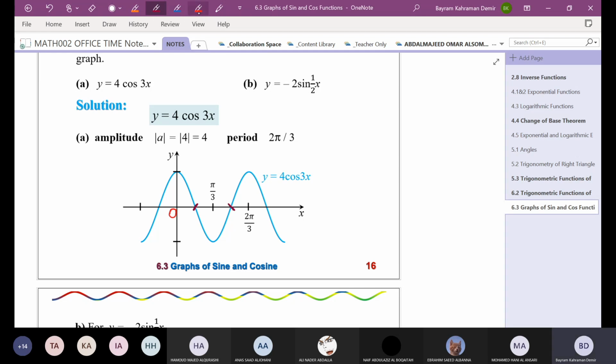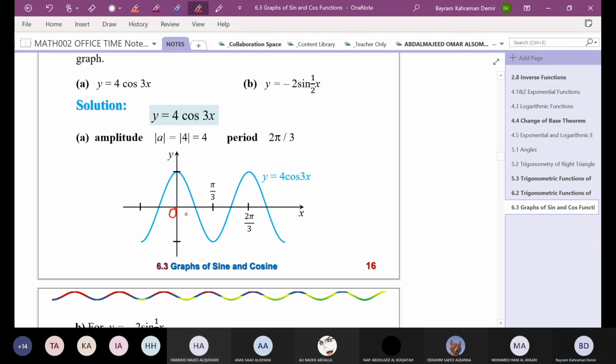This one interval here, another is here, another here, and finally 4 intervals. The total length is 2 pi over 3, right, Shabab? 4 of them equal 2 pi over 3. So how much is the length of each interval, Shabab? Can you tell me?